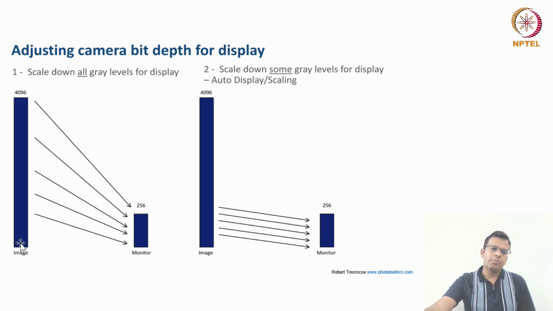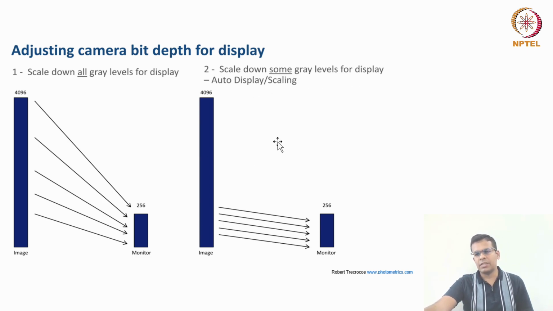But let's say your real image which was captured from the microscope has 4096 gray values, then your screen will convert those 4096 gray values into 256 gray levels to display that image on your computer screen. Or the second option is to scale down some gray levels for display, or auto display and scaling.